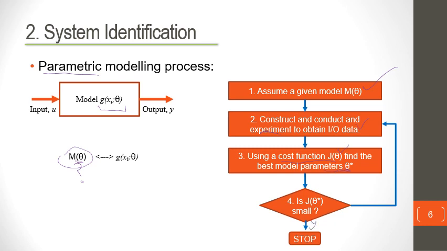If the error is small enough, then we know that we have found the best model. We stop. If the error is not small enough, then it means we need to change. We either go back to the step where we conduct a different experiment, or we can go back to a step where we guess a different type of model.